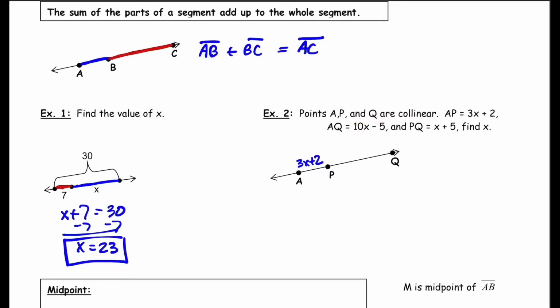Notice, AQ is the whole thing. So down below, maybe in a different color, I'm going to use this little brace to symbolize the whole thing. That's going to be 10x minus 5. And then it says PQ is x plus 5. So notice where PQ is. This right here is going to be x plus 5.